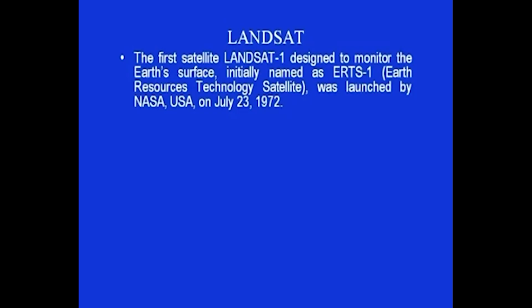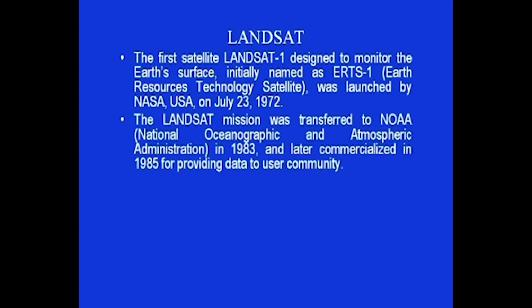Landsat. The first satellite, Landsat-1, designed to monitor the Earth's surface, initially named ERTS-1, that is Earth Resources Technology Satellite, was launched by NASA, USA, on July 23, 1972. The Landsat mission was transferred to NOAA, that is National Oceanic and Atmospheric Administration, in 1983, and later commercialized in 1985 for providing data to the user community.